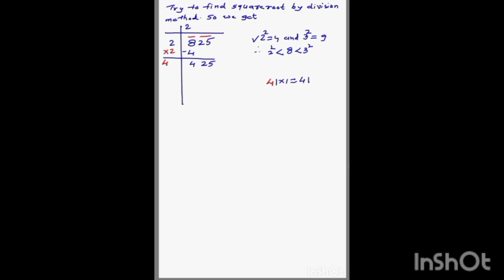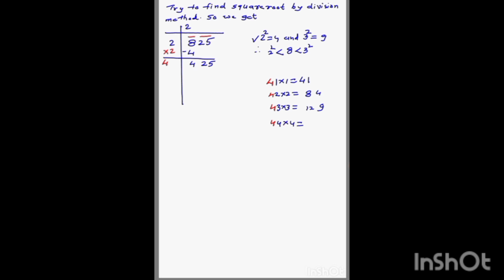This is a very important step. Now 41 into 1. Then 42 into 2, keep the 4 as it is and increase the digit: 42 into 2 is 84. 43 into 3. Every time go on increasing the digit and multiply by the same digit, the tens digit.